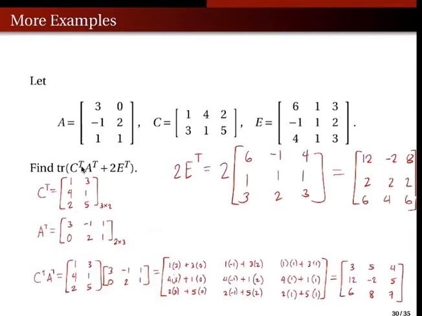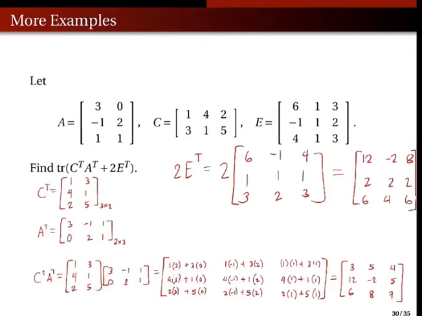For example, you have to get your C transpose A transpose. That's a definite, necessary step. And then here, you need to multiply C transpose A transpose.